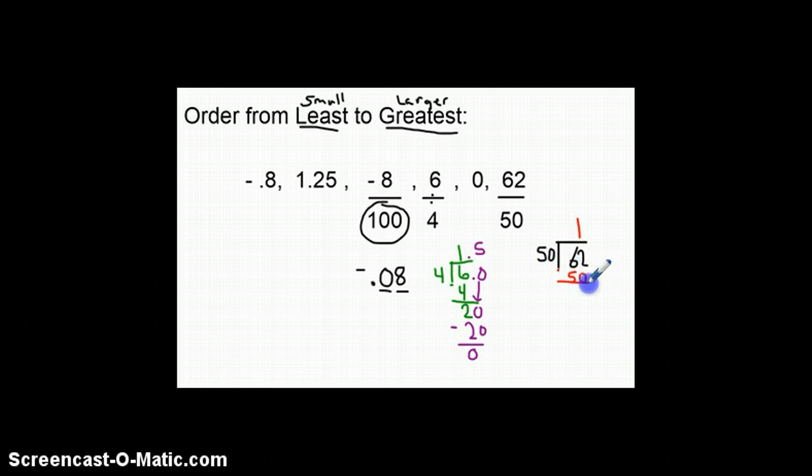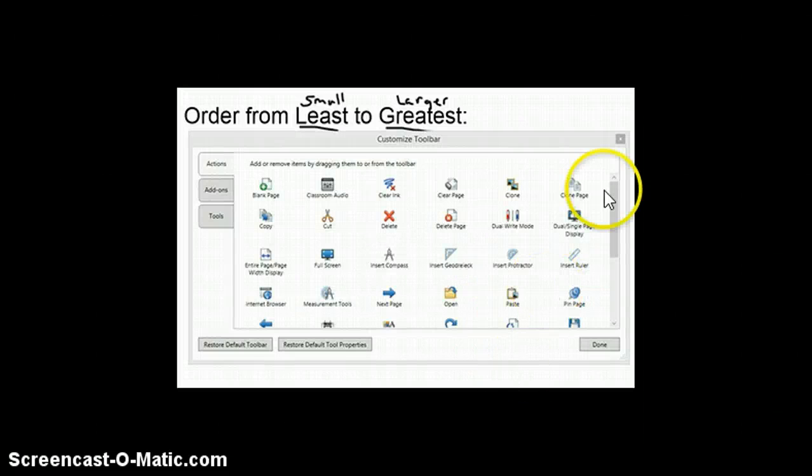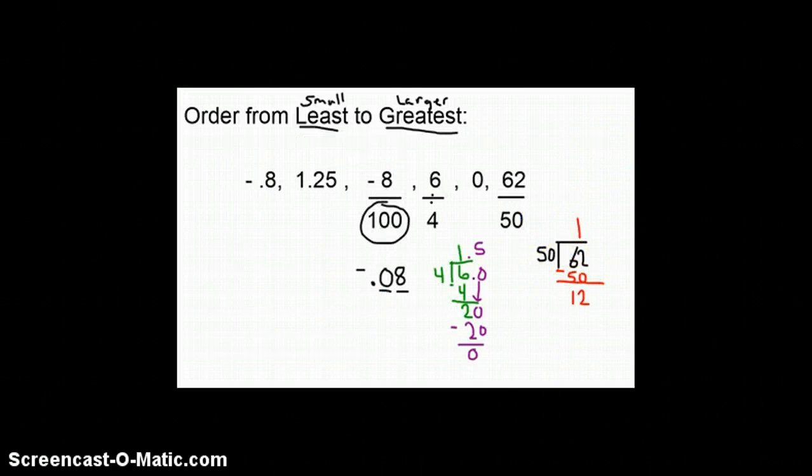We're going to subtract, and we're going to get 12, because 62 minus 50 is 12. There are no other numbers to bring down, so I am going to add a decimal point and another 0. I'm going to remember to bring up my decimal point. Now I can bring down that 0.